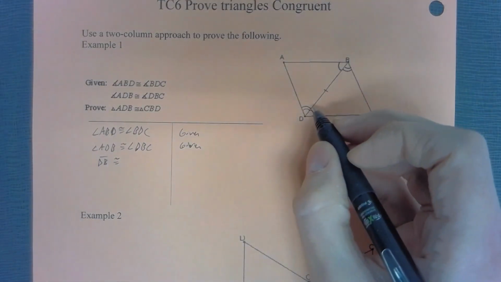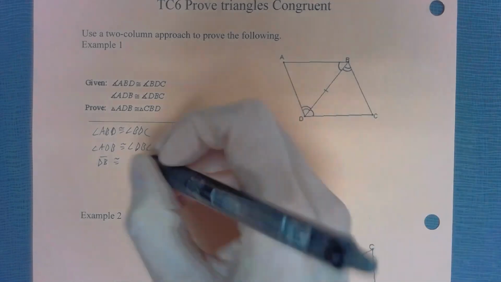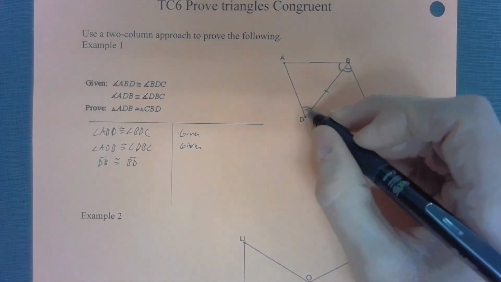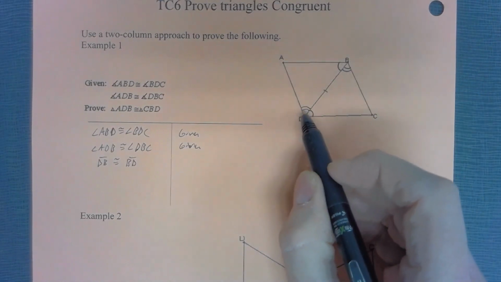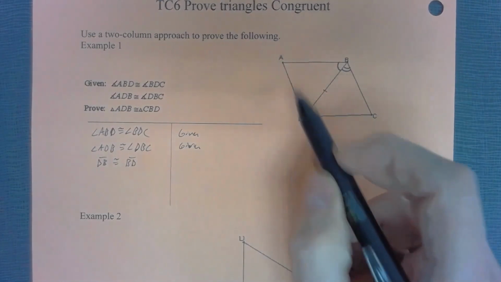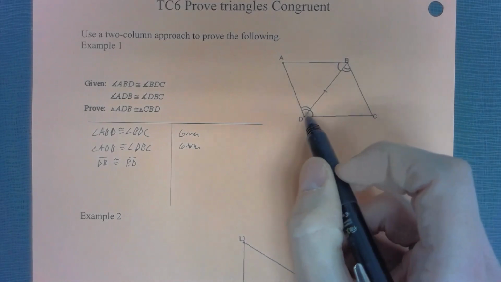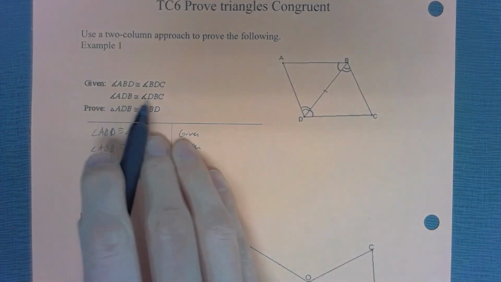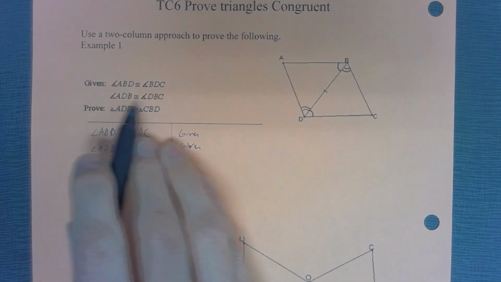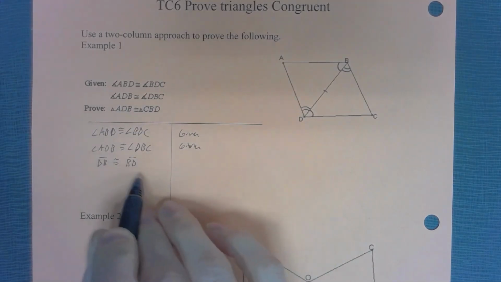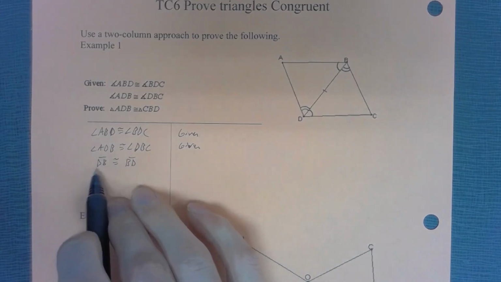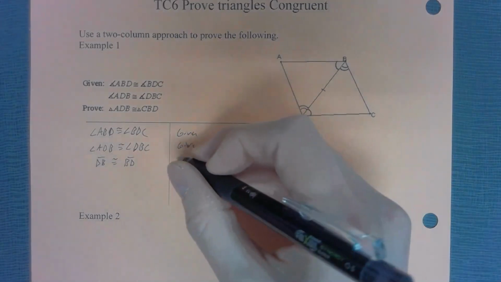Now, I'm actually going to switch the order. The reason is that angle ADB is congruent to angle DBC. Notice how we worded it here: ADB goes with DBC. The D and the B are switched, so the D and the B will be switched when we write our sides. So DB is congruent to BD by the reflexive property.